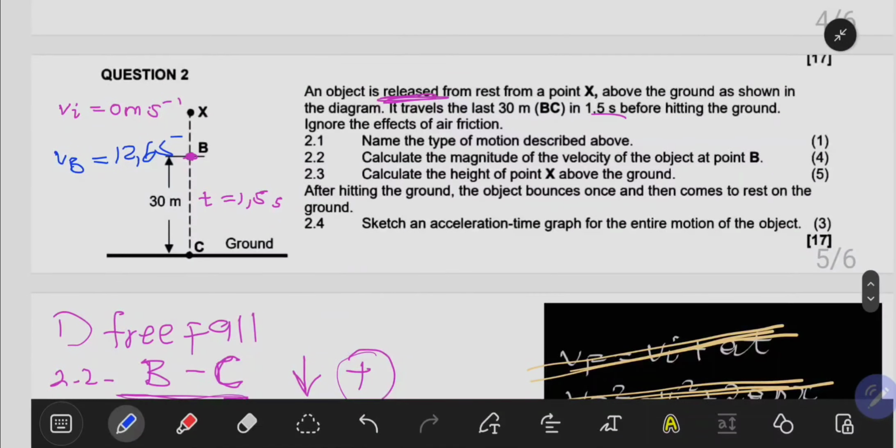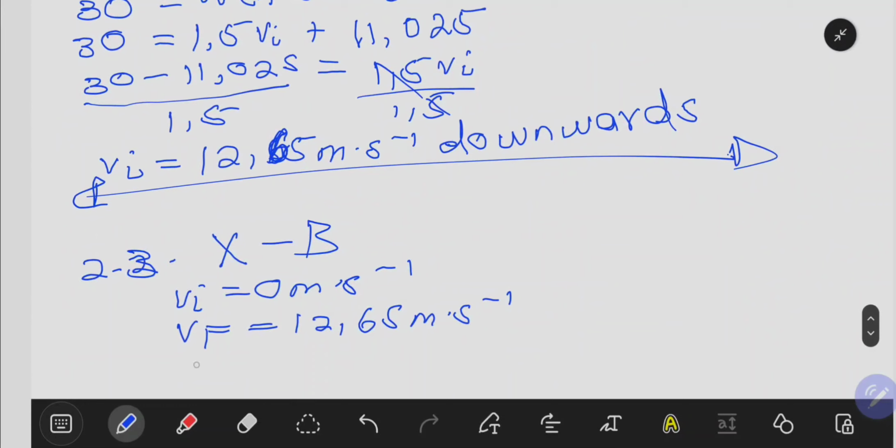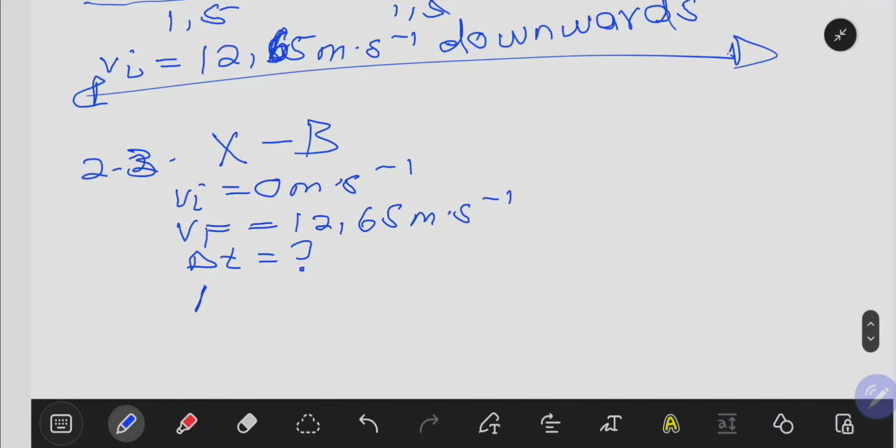So here, in order for us to find the height, we must find the displacement, the distance between B and X, and then we can add it to this one, and then we know the height at X. Now we know the initial velocity and the final velocity, but we don't have the time it took for the ball from X to B. And we are looking exactly for our displacement.